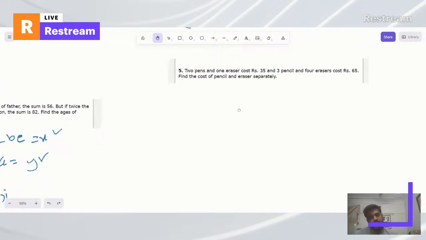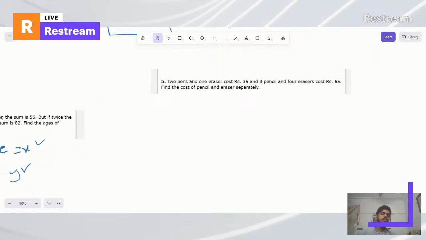So one more example. I'm going to give another one for the homework task, but let's just do this one in the class. The question says two pens and one eraser cost 35, and three pens and four erasers cost 65 rupees.